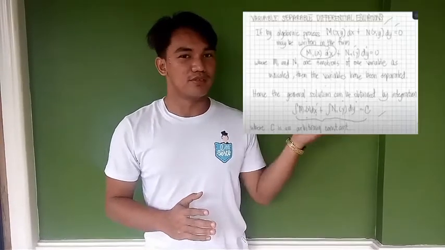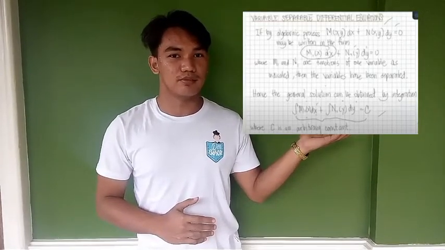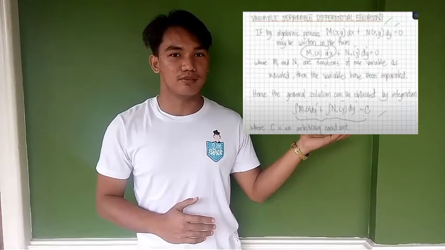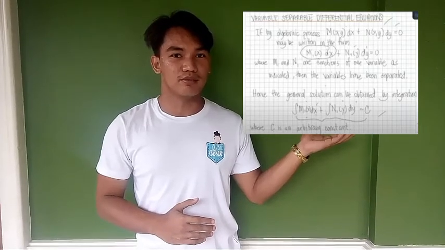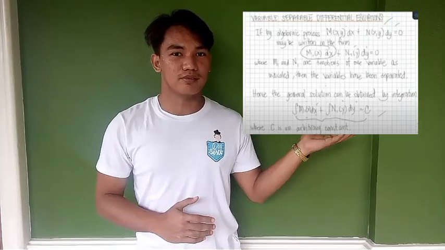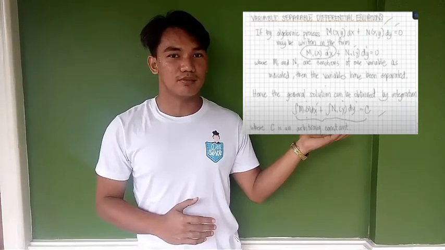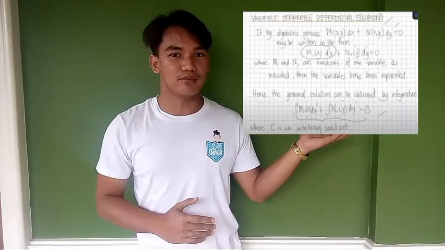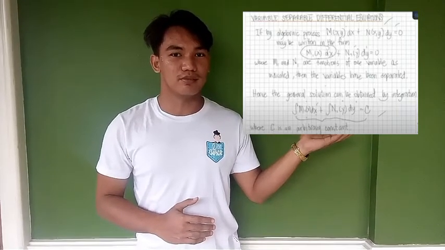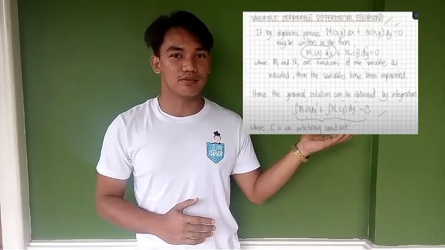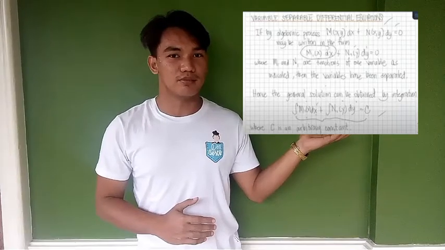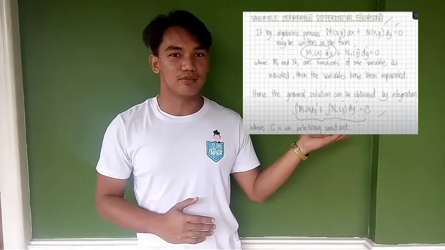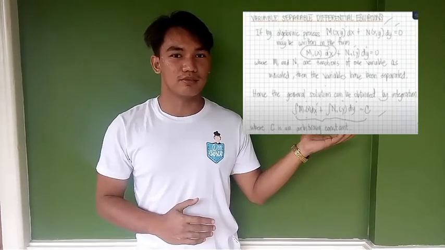So now let's talk about the variable separable differential equation. If by algebraic process M(x,y)dx plus N(x,y)dy equals 0 may be written in the form M1(x)dx plus N1(y)dy equals 0, where M1 and N1 are functions of the variable as indicated, then the variables have been separated.